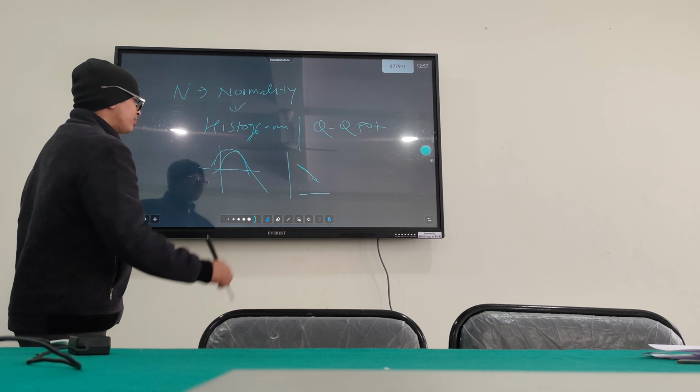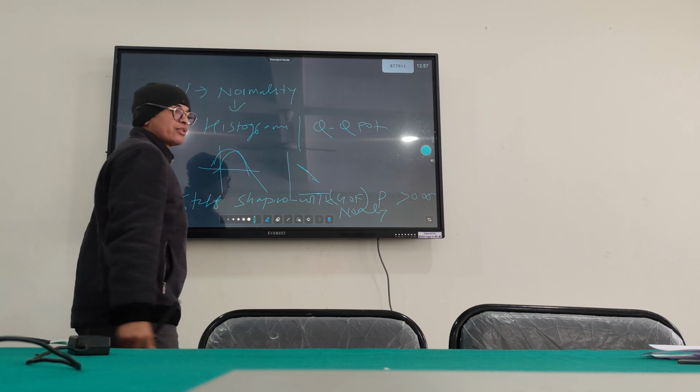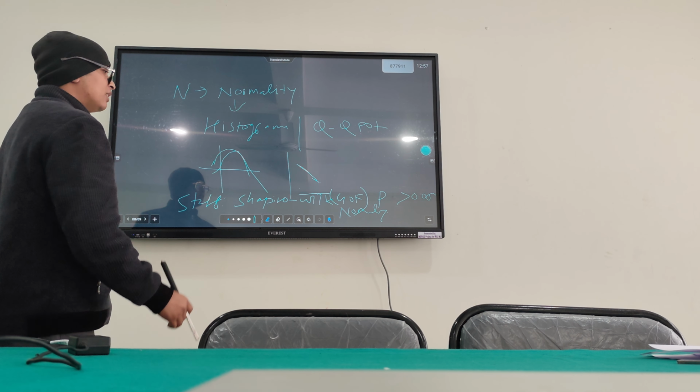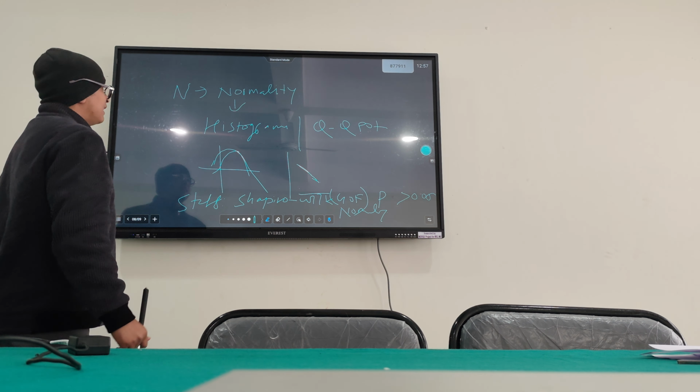If you are not satisfied with the diagrams, you can perform the Shapiro-Wilk test we already discussed. This is also a goodness of fit test, so the p-value should be greater than 0.05. An insignificant p-value suggests that normality is confirmed. In research terms this is the null hypothesis, so we should not reject the null hypothesis. Then it is confirmed that normality is okay.